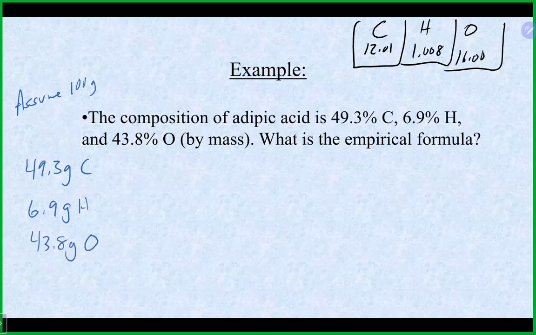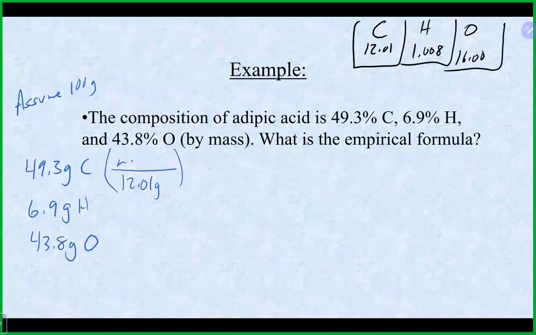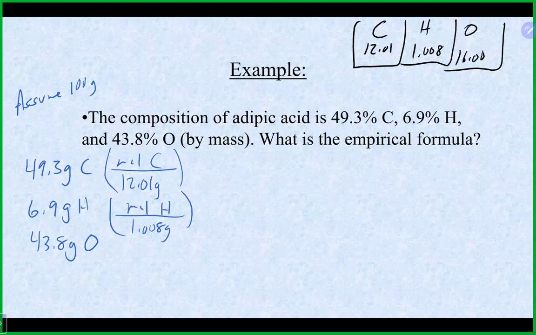Now that we have them in grams, we're going to convert them into moles using our molar mass from the periodic table. Again, we put our grams on the opposite location, so on the bottom, 12.01 grams per mole, 1.008 grams per mole, and 16 grams per mole. That gives us our moles of each.